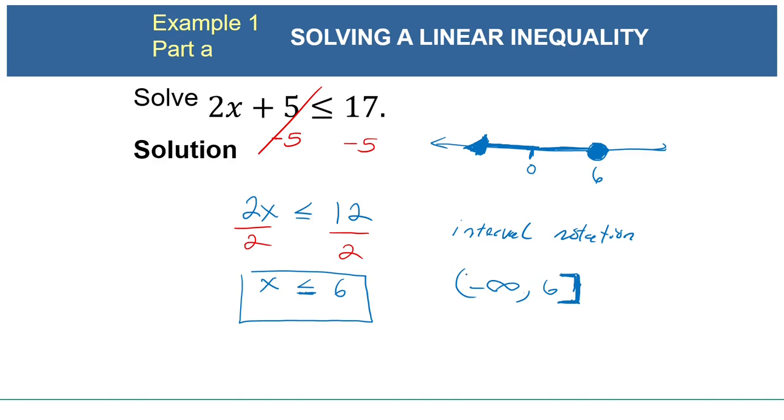Now, infinities always use a parenthesis because we can never include the infinity in our solution. It can go forever to the left, but it will never reach infinity. It's not possible. So this is our interval notation. Again, the parenthesis is always used for infinities, and the bracket is on the 6 because we can include the 6.